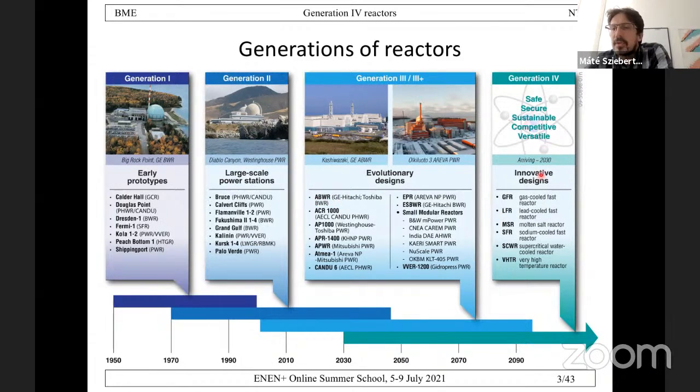And it was assumed, around 2000 when this concept of Generation 4 was born, that these reactors would arrive after 2003, so that they would rule the new build after 2003.